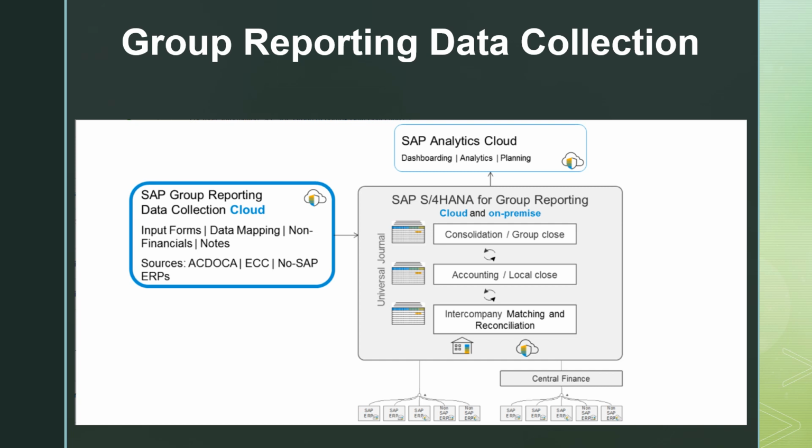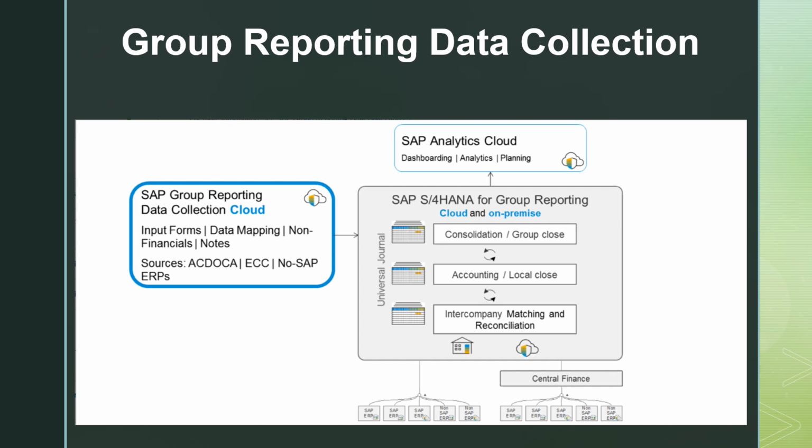GRDC is developed in SAP Business Technology Platform and is integrated with SAP S/4HANA Group Reporting Cloud and on-premise versions. It collects consolidation data from both SAP S/4HANA and non-SAP S/4HANA companies. It complements your data collection process via manual data collection and data mapping capabilities, and the release schedule is bi-weekly.